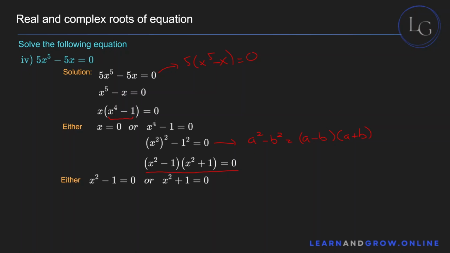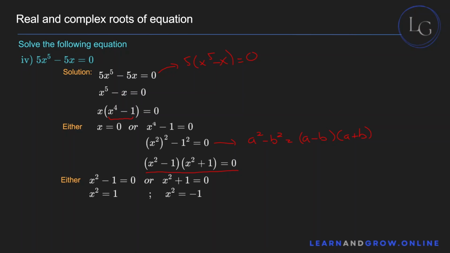Now, either x square minus 1 is equal to 0 or x square plus 1 is equal to 0. Upon solving it, this is basically the fourth root of unity, and we've discussed how to do that earlier.